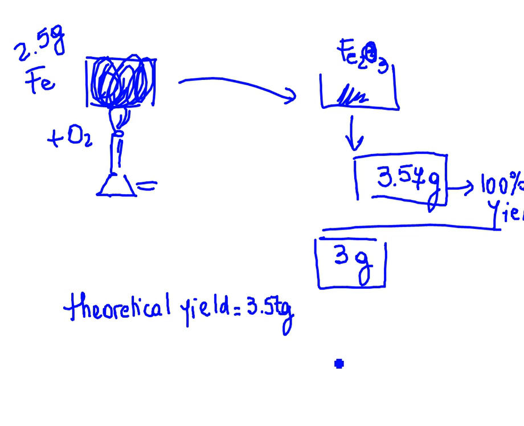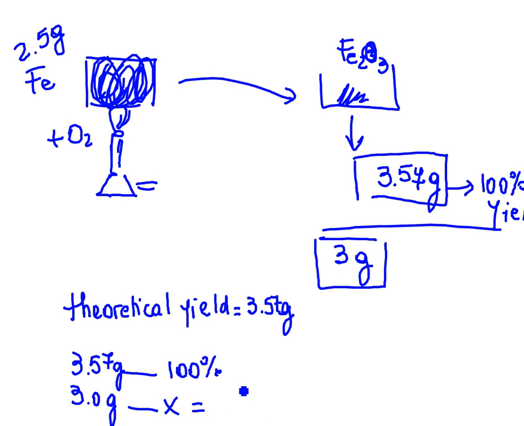So we need to calculate how much is going to be the percentage that we obtain. So 3.57 is going to be 100%, yes? We need to calculate how much is 3.0 grams, that is the mass that we may obtain, is going to be X. And that is going to give me, let's say, how much is that? 3 divided by 3.57, 84%.